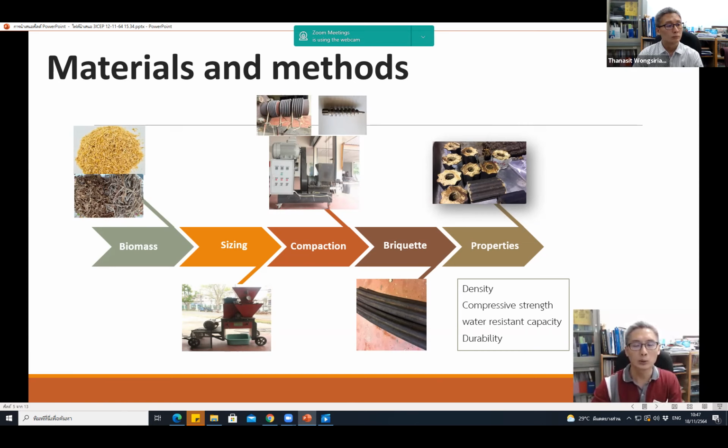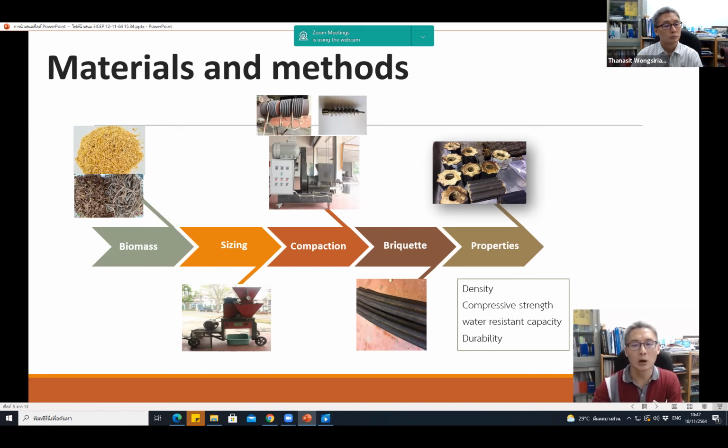A screw extruder was used for briquette production, coupled with an electric motor with a capacity of 25 horsepower and a speed of 970 RPM. Three electric heaters were used as the heating source at the die. Three ranges of temperature were used, from 300 to 390 degrees Celsius.